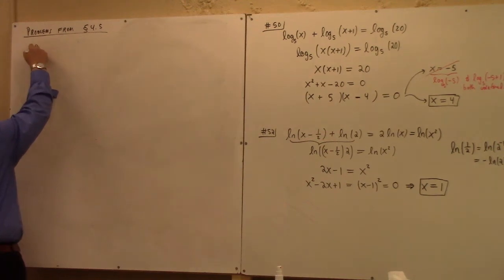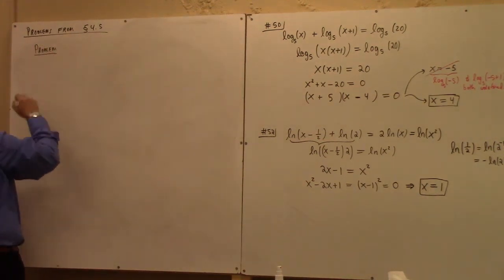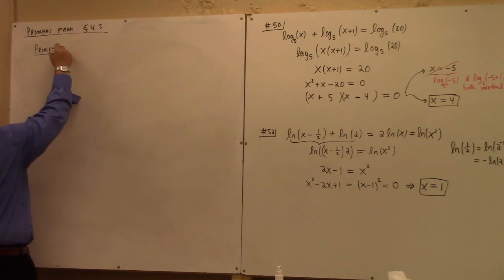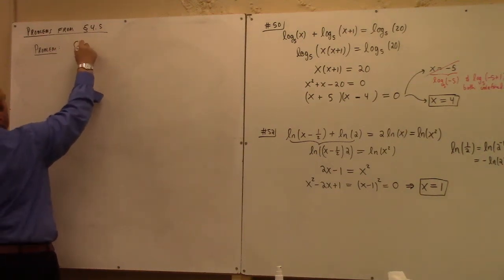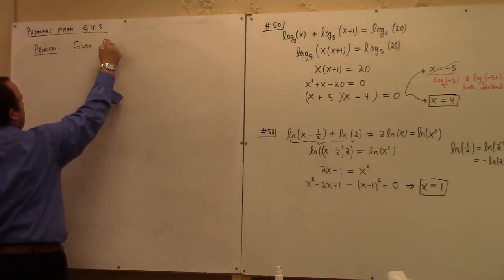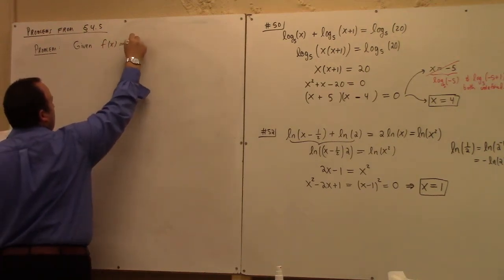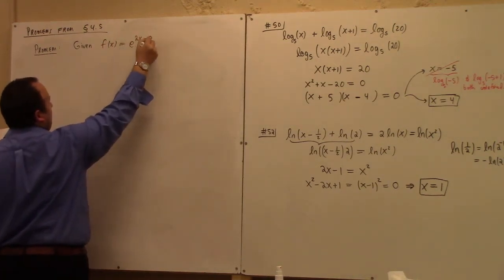And that's plus 200. So here's a problem. So this is basically number 83 through 86, all kind of like this. So here, I'll do one that's not even in the book, but suppose you're given that f of x equals e to the 2x minus 3, all right?